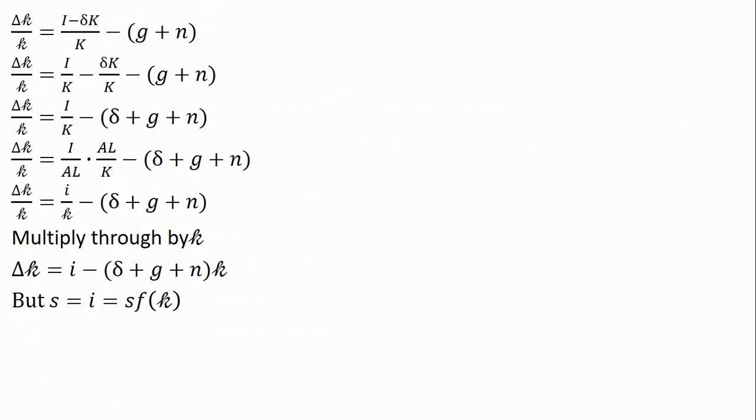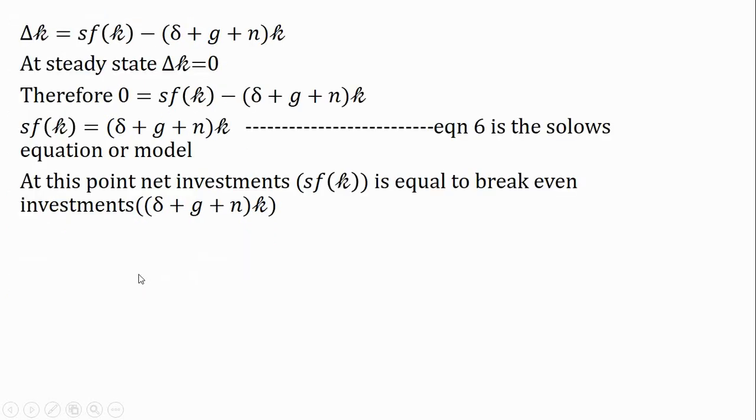So that's why here I'm saying we said the market clears, s is equal to I, but s is also equal to s, a function of k. So now we have this equation: change in kappa is equal to s, a function of k, minus (sigma plus g plus n) times kappa.